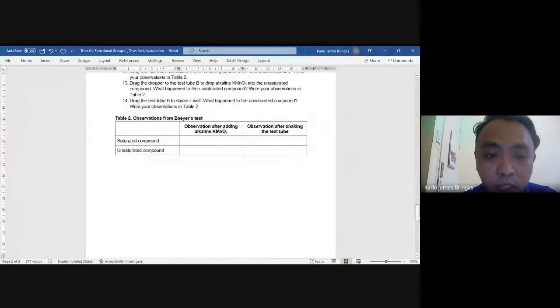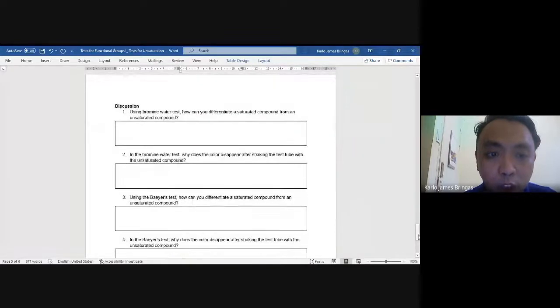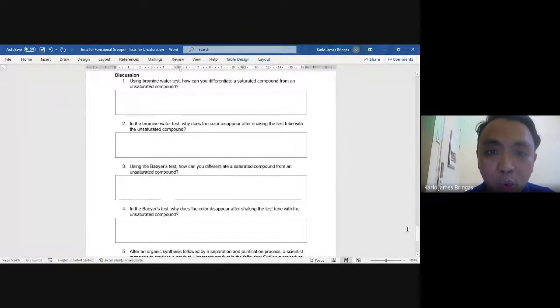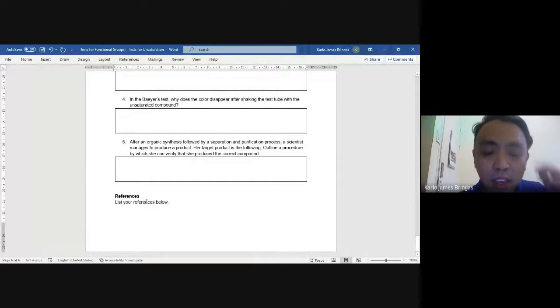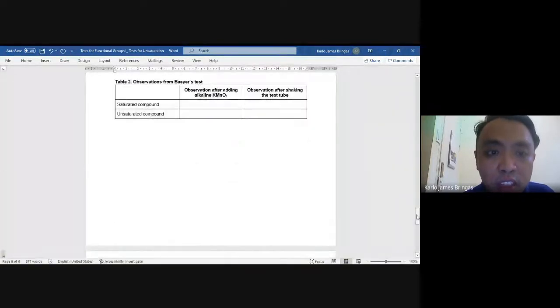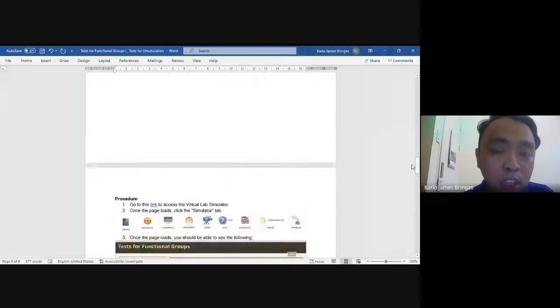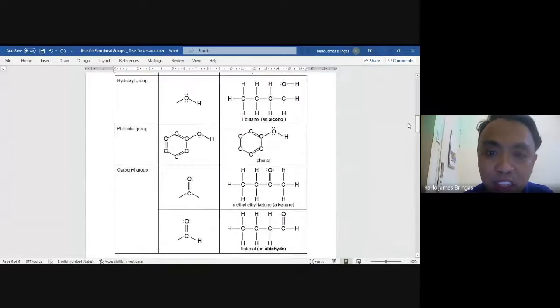So for the rest of the team, they can now contribute by answering the discussion questions. So fill in your answers here in the box for each discussion question. And be sure to list down your references in here below. So be sure to use the APA citation format. So all in all, this activity is worth 70 points for this worksheet.